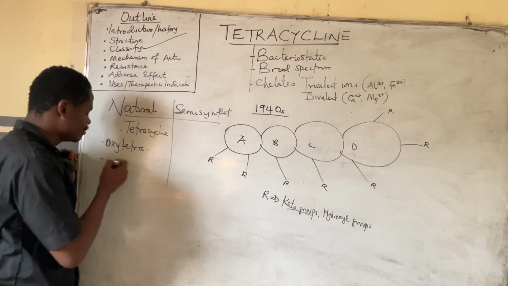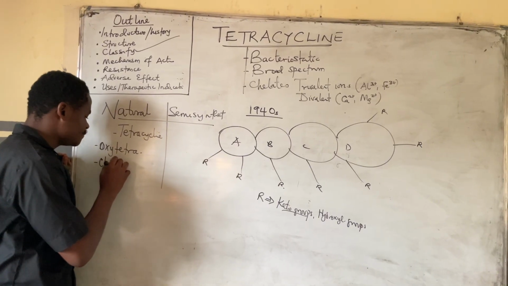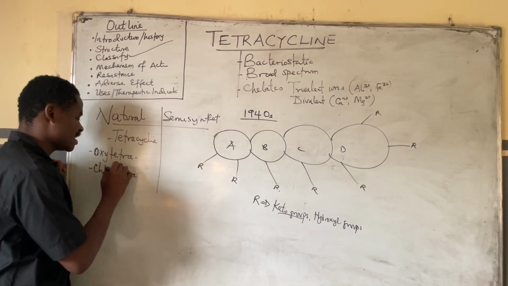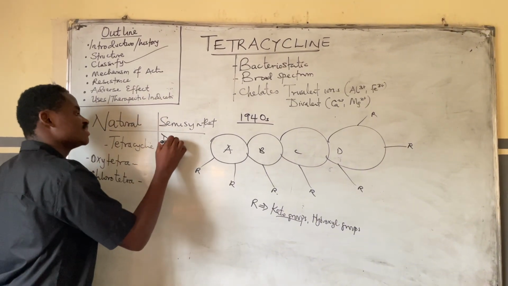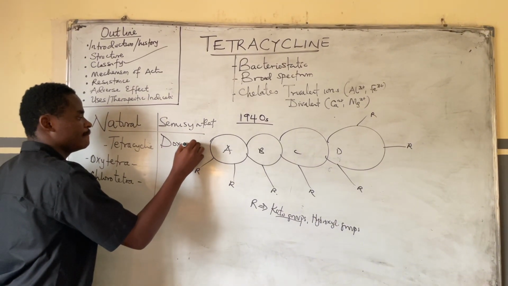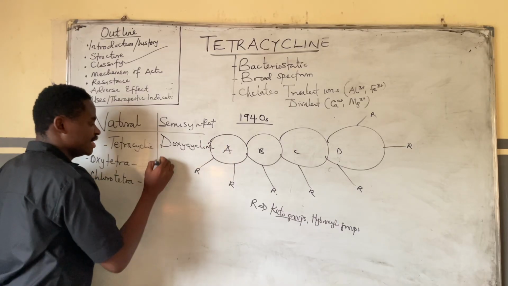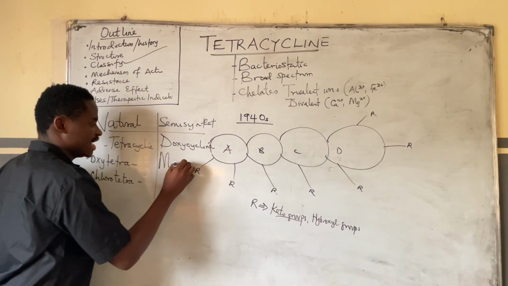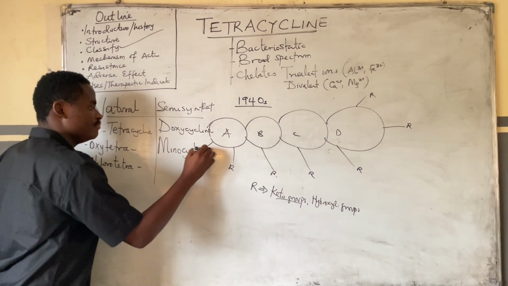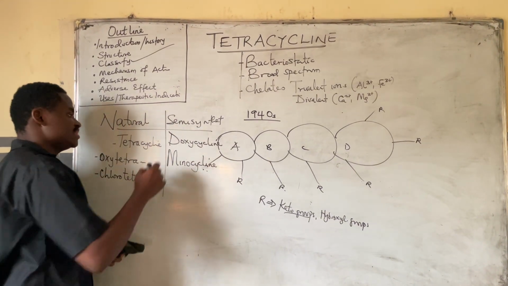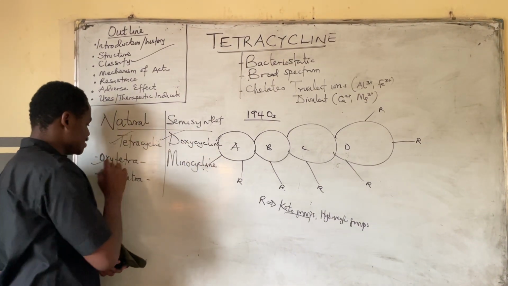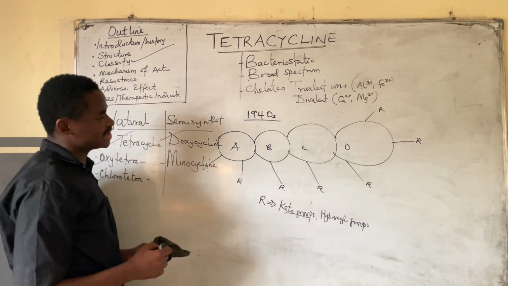Also add a chlorine group and it becomes chlortetracycline. For semi-synthetic, we have the likes of doxycycline, minocycline, and so on.